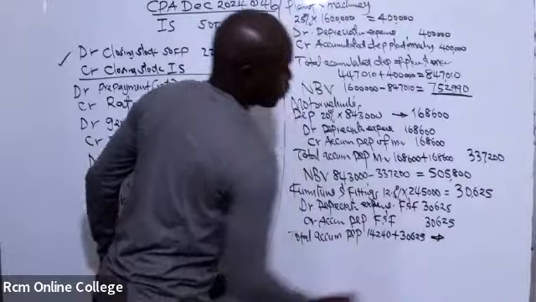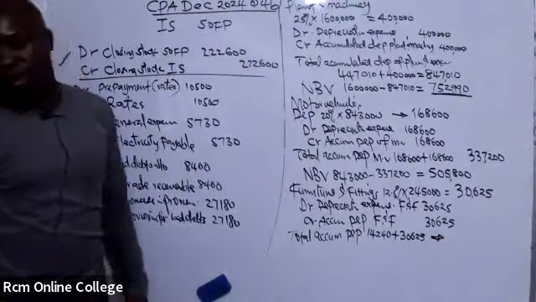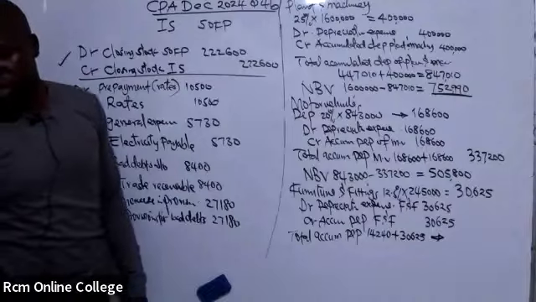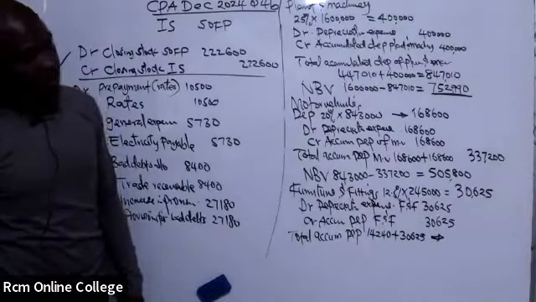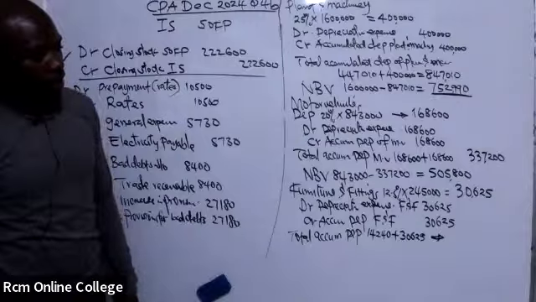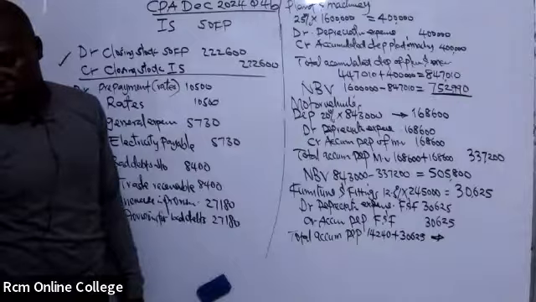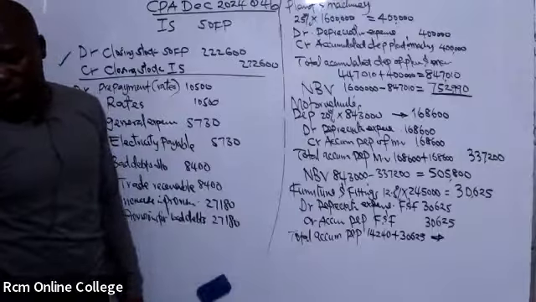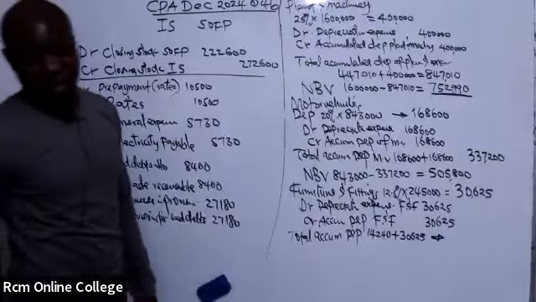How much are we getting in total as the accumulated depreciation? 44,865. Can you confirm that? 14,240 plus 30,625 is 44,865. Are we all getting 44,865? Yes.